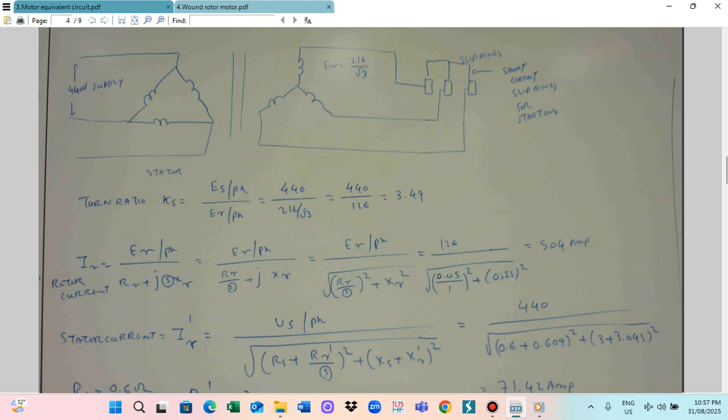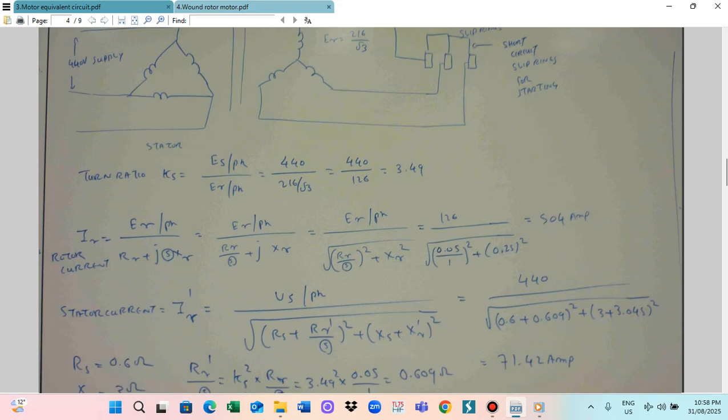This is also equal to ER divided by the square root of (RR by S) square plus XR square. So this is how you can calculate IR. You substitute here ER per phase.